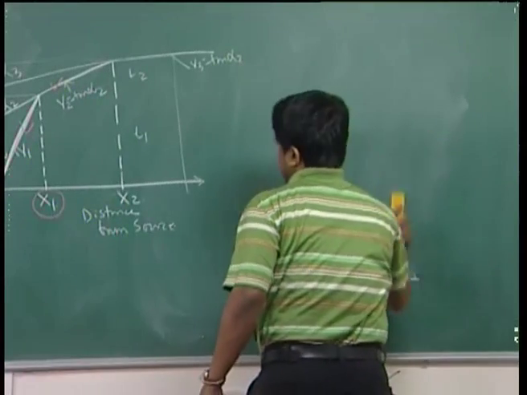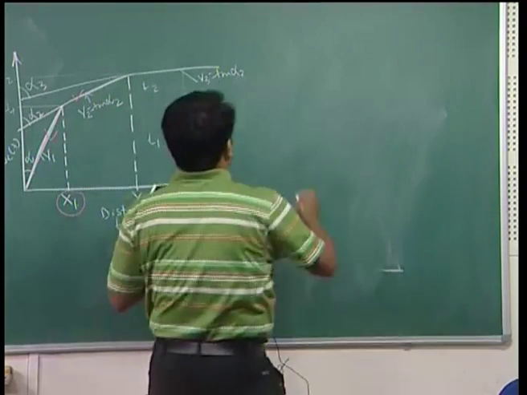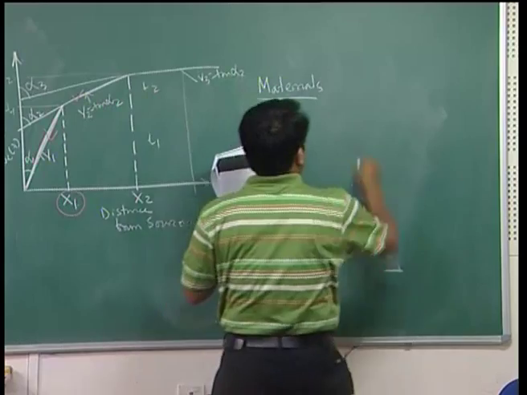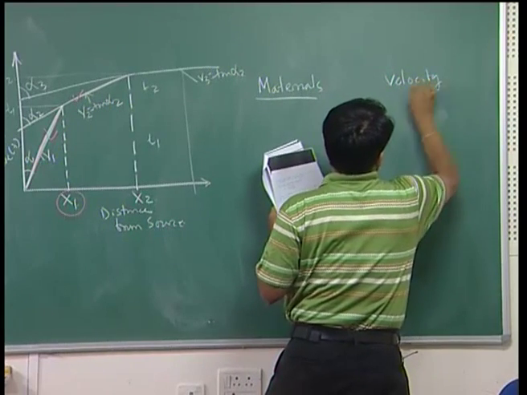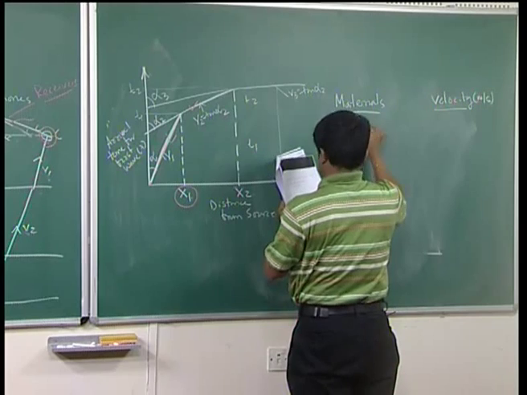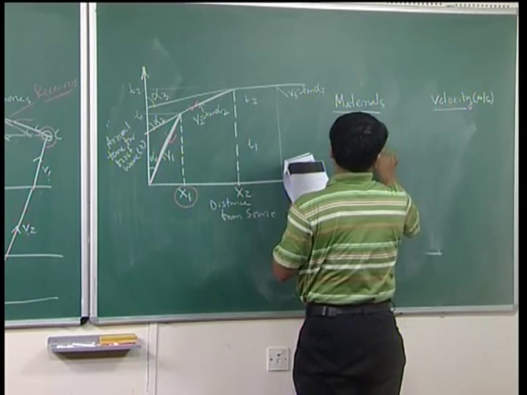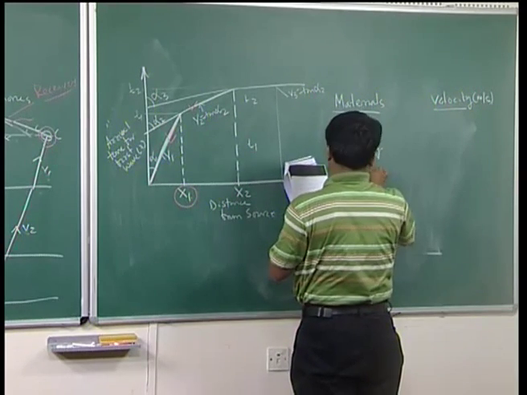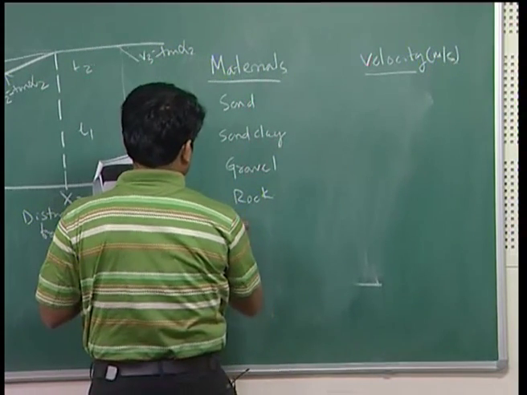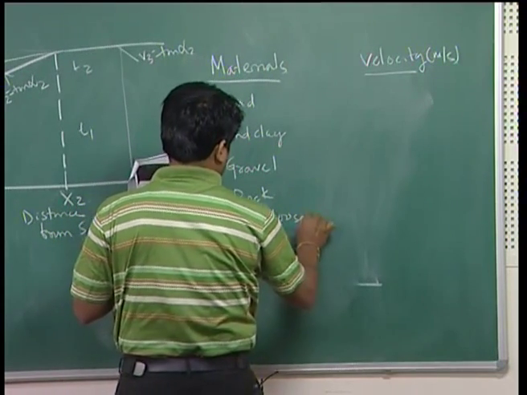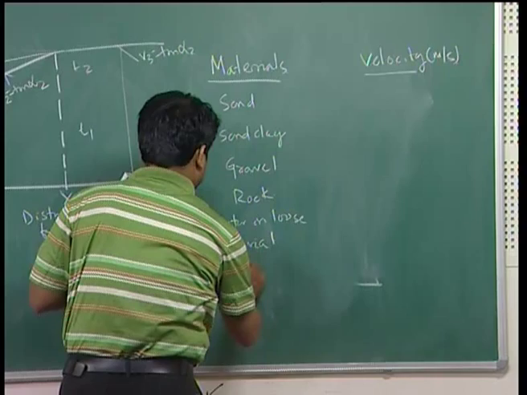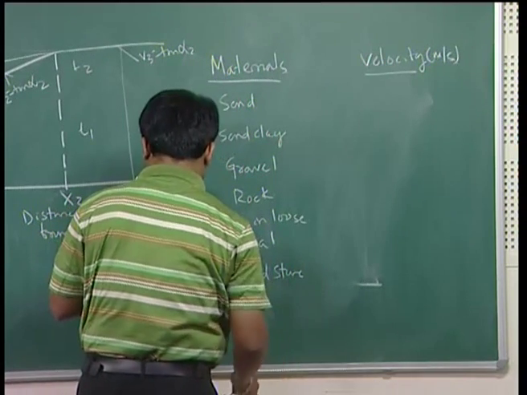Now, there are some standardizations. Materials and their velocity in meters per second: sand, sandy clay, gravel, rock, water in loose material, sandstone, then limestone.